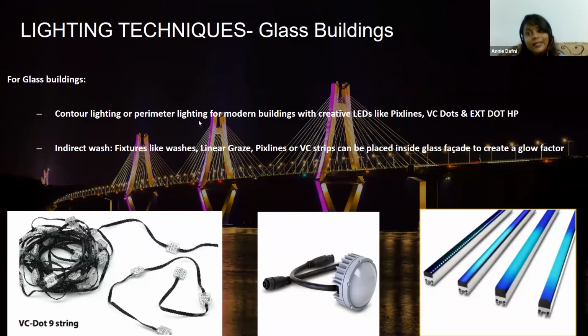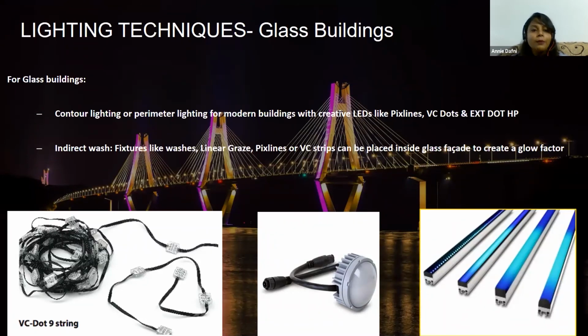Or you could use indirect wash. Since we all know that when you wash a glass surface, it's not going to reflect off anything. It's just going to allow light to pass through it. So instead, you highlight the solid facade or the solid wall which is inside the glass building, and indirectly you can see the reflected light off of it.